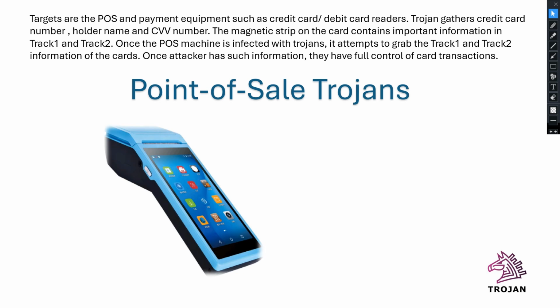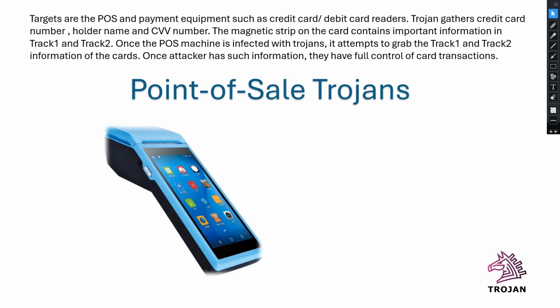Of course, the software versions get updated from time to time by the companies, but yes, there are some Trojans, and even these machines are not secure. What Trojans gather here are the credit card numbers, holder names, and CVV numbers. The most important are track 1 and track 2.